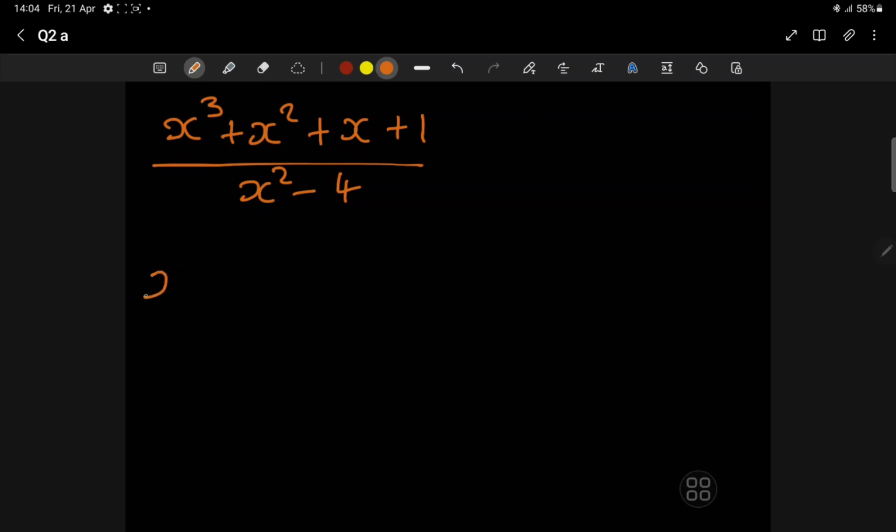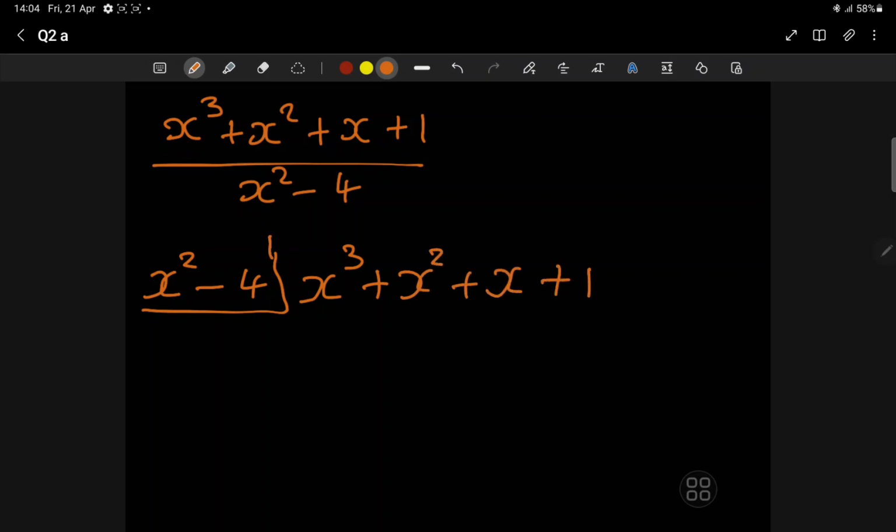So we'll write the x squared minus 4. This is dividing into x cubed plus x squared plus x plus 1. So I divide in that. So x squared into x cubed, we're going to have x.